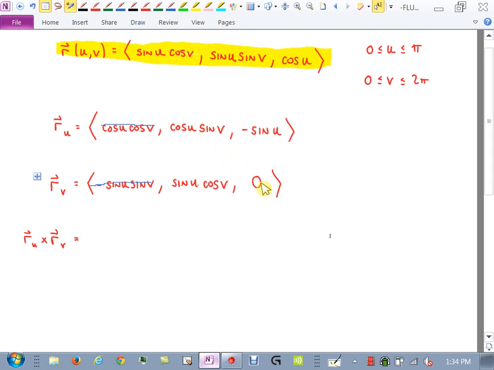And then minus this times this. But this is already negative, right? So it becomes plus. So what? Sine squared U cosine V. Okay, that's our first component. Sine squared U cosine V.